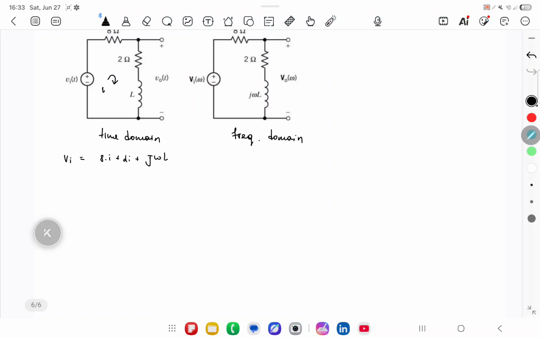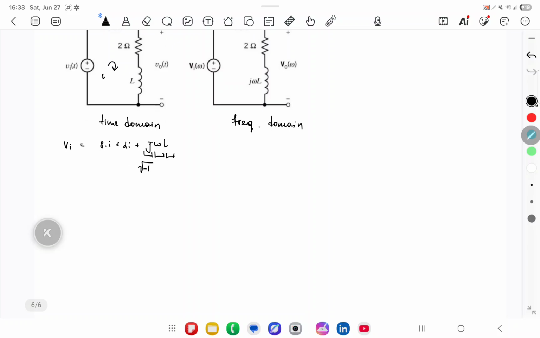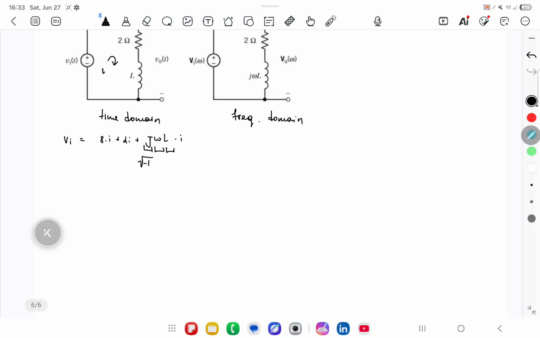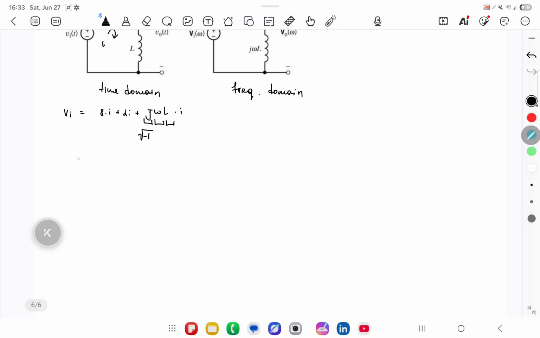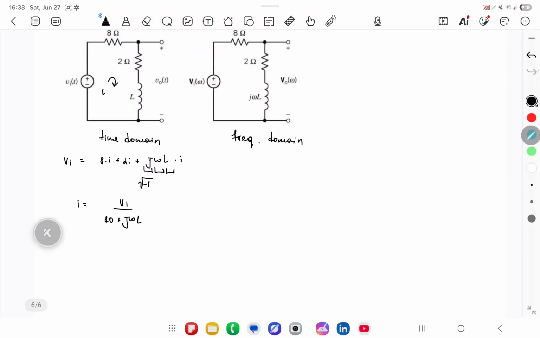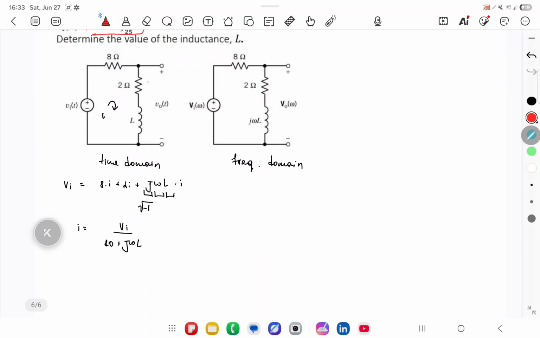this imaginary number j. This is our omega, and this is our inductance multiplied by current. In that case, our current can be expressed as V input over 10 plus j omega L. We can also see that V output is equal to the voltage drop over here.